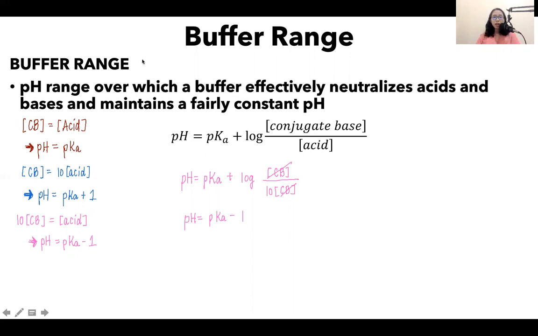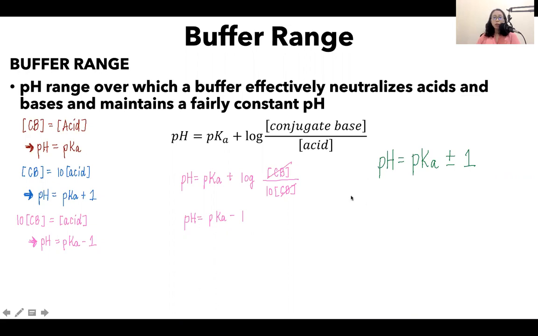So what is the perfect buffer range? This pH range is defined as pKa of the weak acid component of your buffer plus or minus 1 unit.